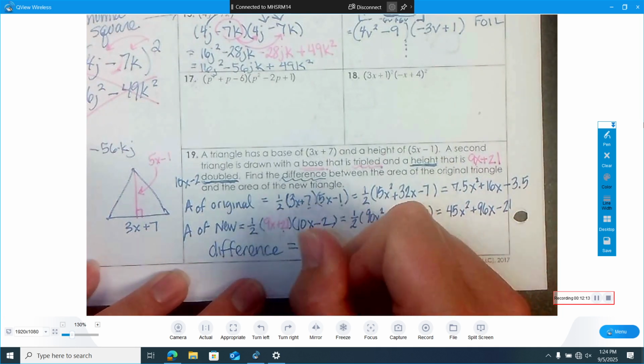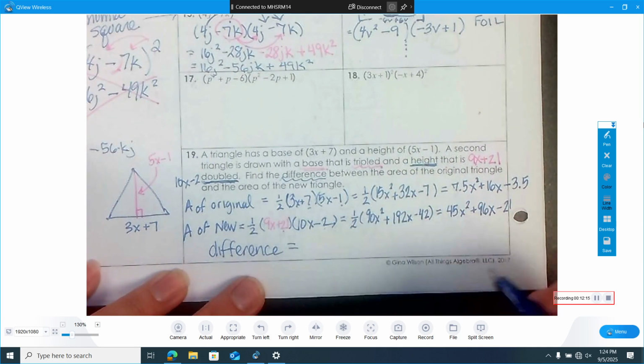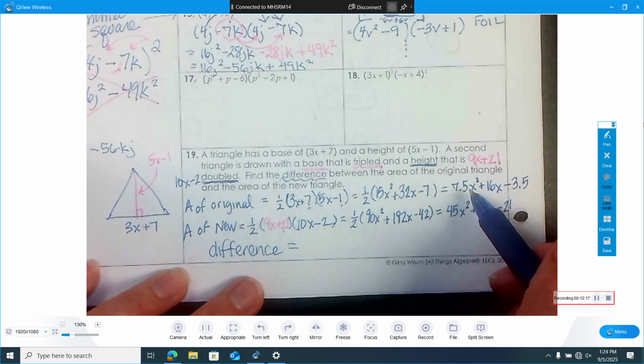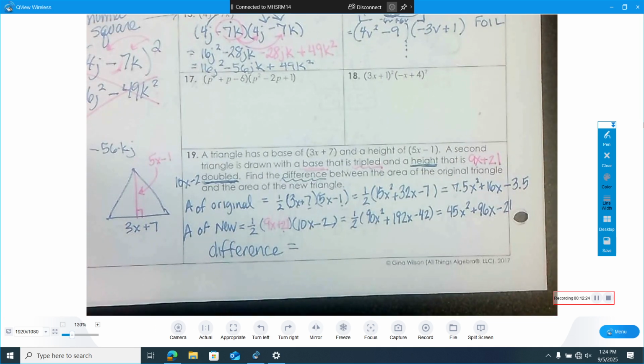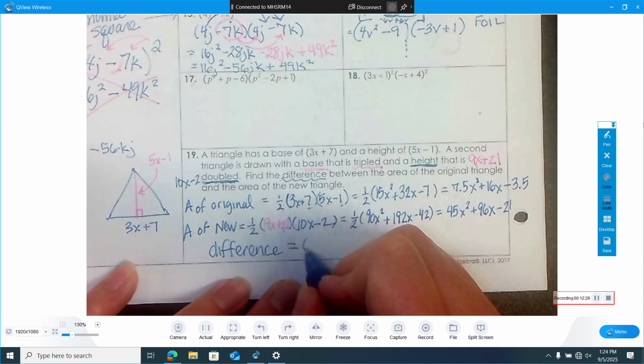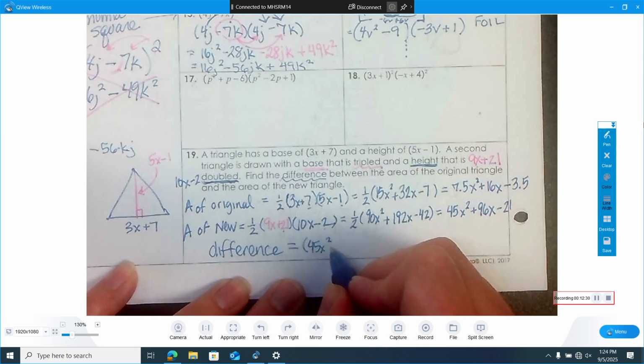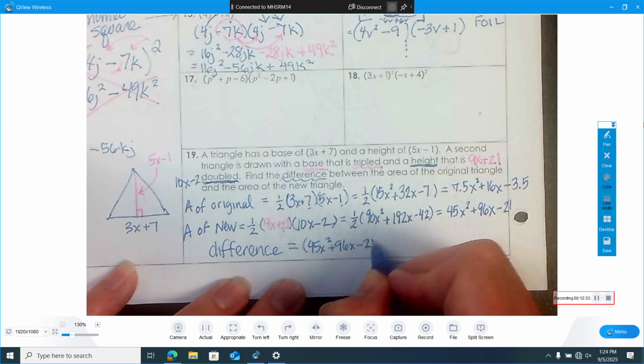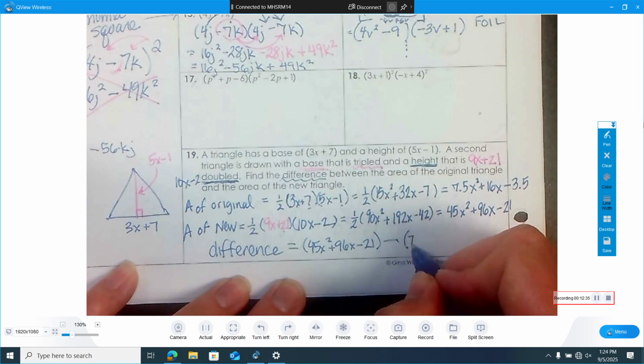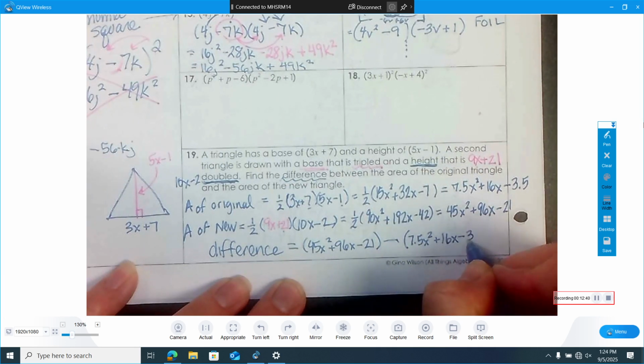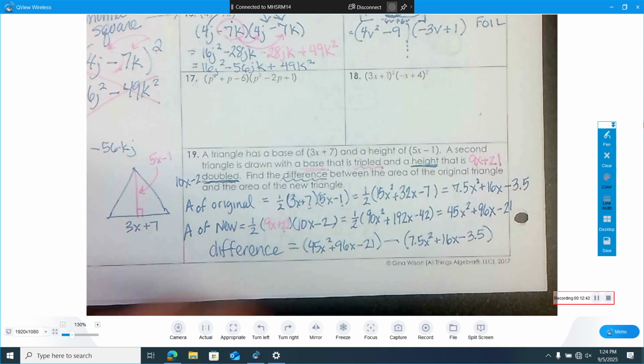Why? Yeah, the original one has less area, right? Right, and can area really be negative? Would that make sense? No. So we definitely are going to do the 45x squared plus 96x minus 21 and subtract the smaller area because this is geometry. So it better be real, you know.